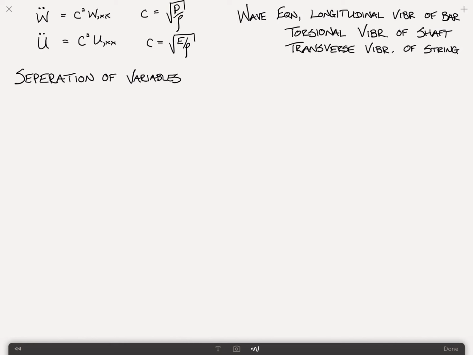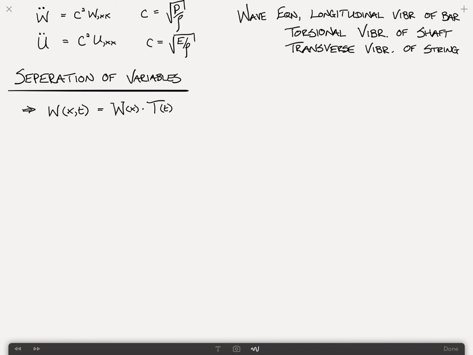And what that consisted of was rewriting w. In that case, we did it for u, but same idea. We take w of x and t, and we say that that could be written as a time-dependent part multiplied by a spatial-dependent part. So this is now capital W of x times capital T of t. So we have a space-dependent part and a time-dependent part.